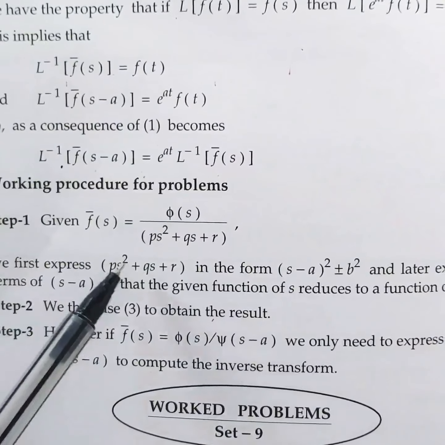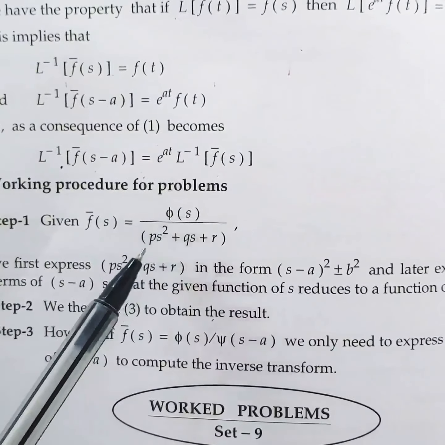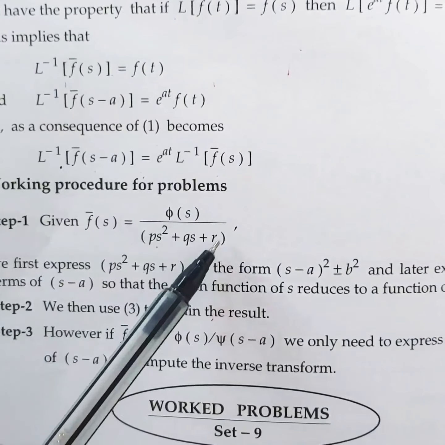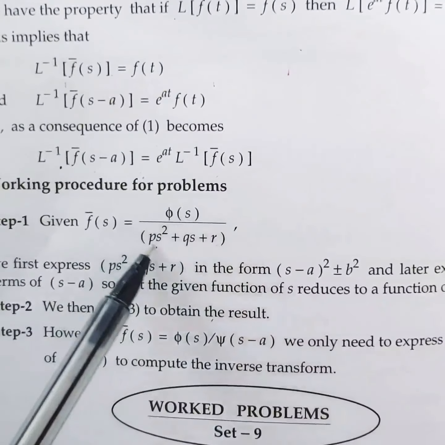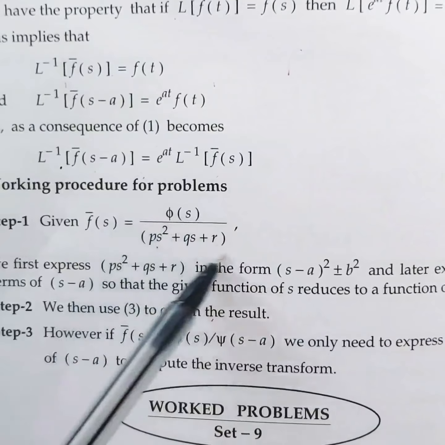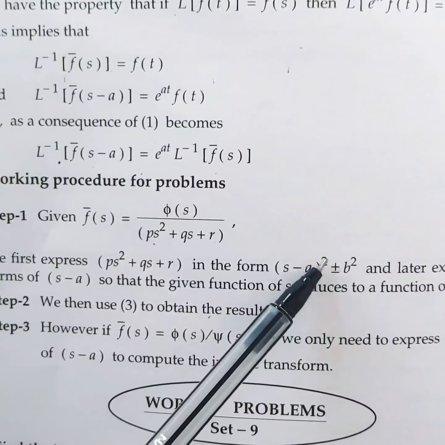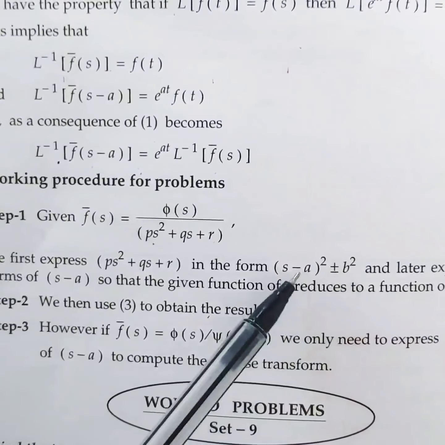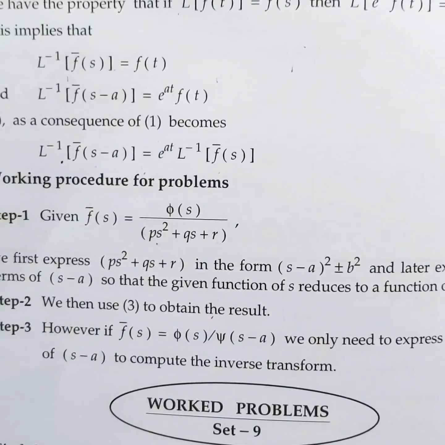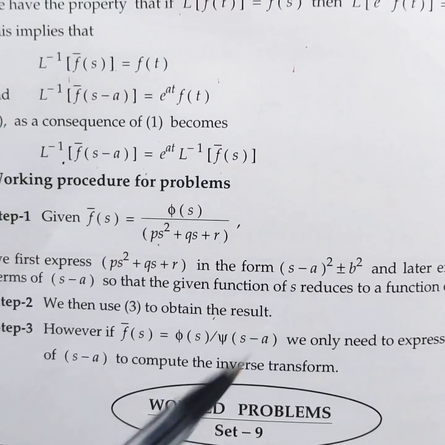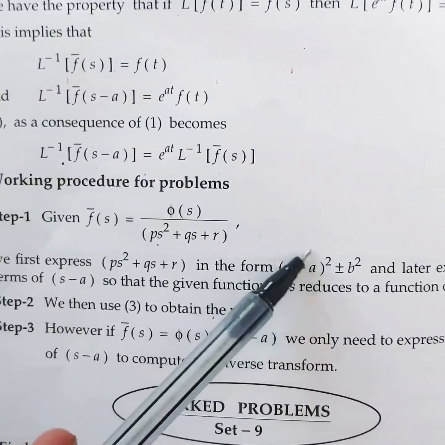And one more thing, if you have a question of this format, phi of s by ps square plus qs plus r, what we will do is the denominator we will write it in terms of square, s minus a the whole square. It could be plus or minus b square, because we have formula for s square plus a square and s square minus a square in the denominator. But here it is s minus a, right?